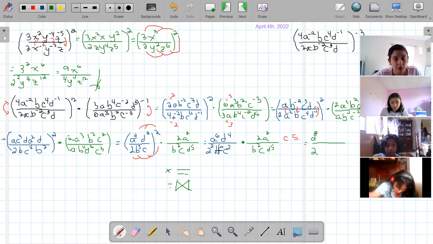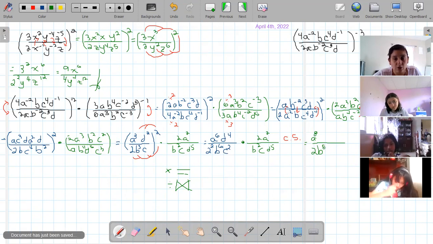Now let's go with the b. I got b to the 6th power and b to the 2nd power in this other denominator. So I also add, because they're both in the denominators, even though they're in different fractions. Now the c squared and c, I also add because they're in the same denominators, okay? Then go d's, and I got d to the 4th power and d to the 5th power.